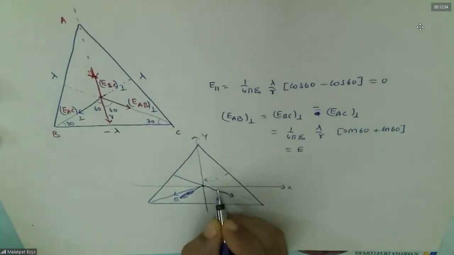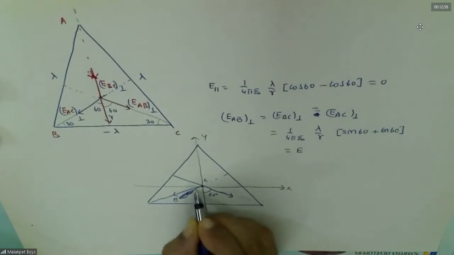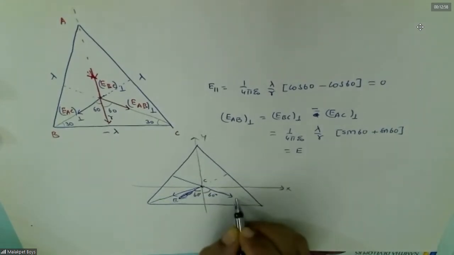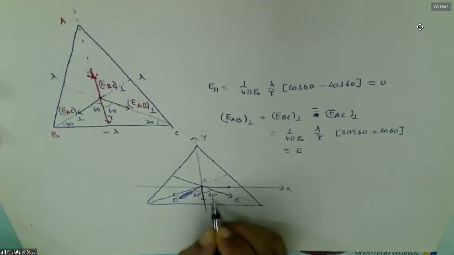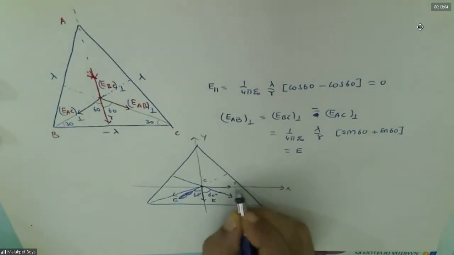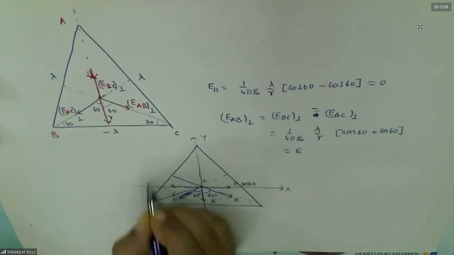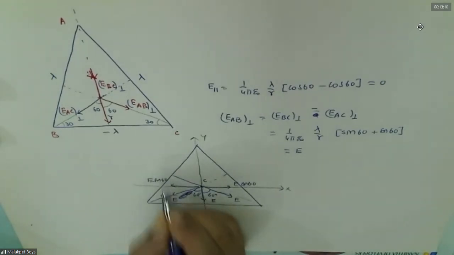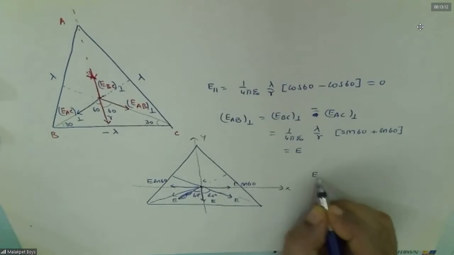This is 60, this is 60. Do you agree with this? Agreed, sir. So this is E. And one more E will be there, the third one. This is E cos 60, E sin 60. E sin 60 will get cancelled. So what is the net E?